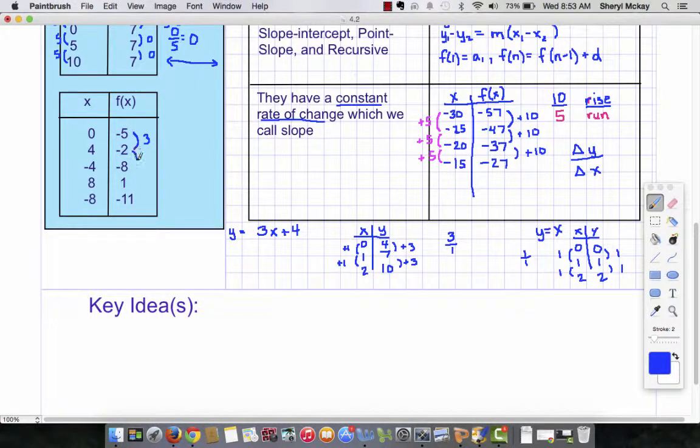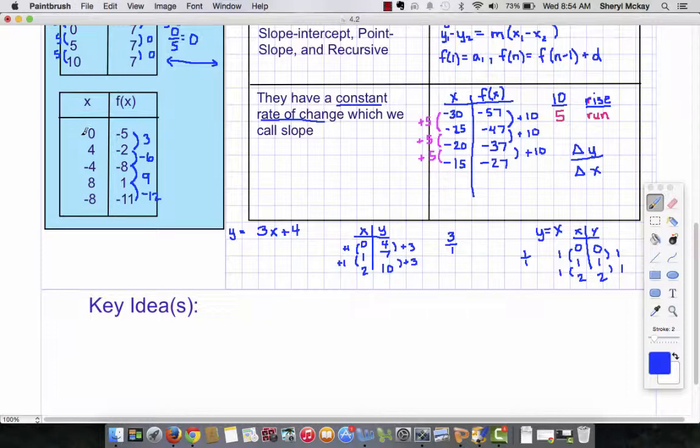Negative 2 to negative 8 is negative 6. Huh, that's weird. Negative 8 to 1 is 9. And 1 to negative 11 is negative 12. Well, those differences aren't the same. That got me all messed up. How can I go 3, negative 6, 9, negative 12?